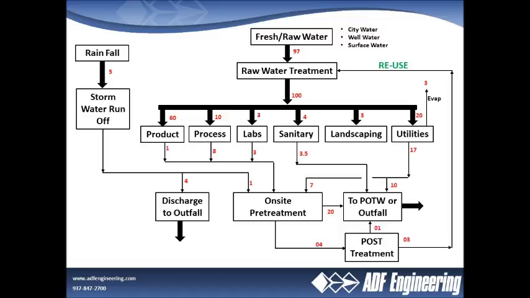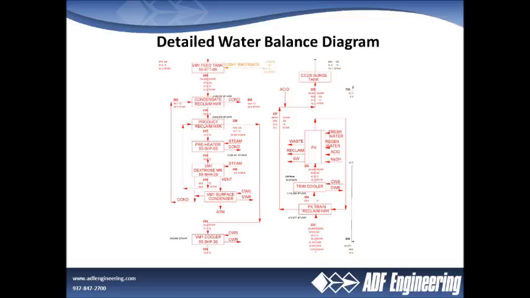So this is the first step of establishing a water balance diagram: you want to establish an overall picture for the whole facility. Once you do that, you want to dig into individual unit operations. This chart may not be entirely readable for everybody, but basically it shows the source and endpoint for each and every stream and each and every piece of process equipment in your facility where water goes in and comes out.